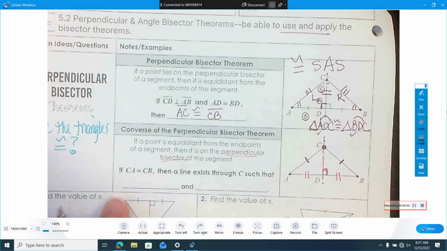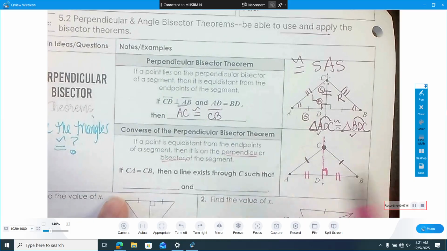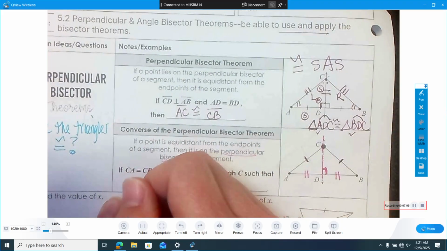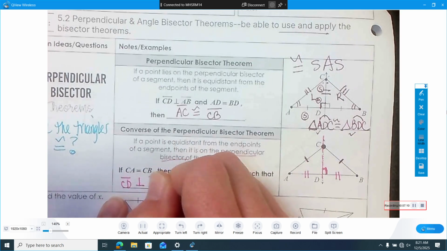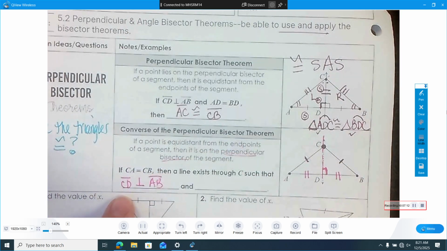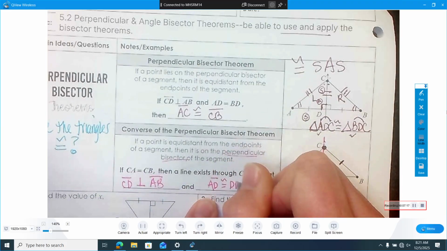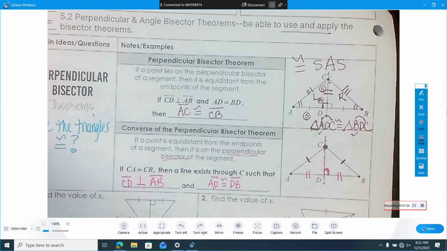And so we know if our two little legs of this, it's an isosceles triangle essentially, then a line exists through C such that CD is perpendicular to AB and AD is congruent to DB. So we get perpendicular lines and we get two congruent segments. So that's really the one that's kind of interesting.